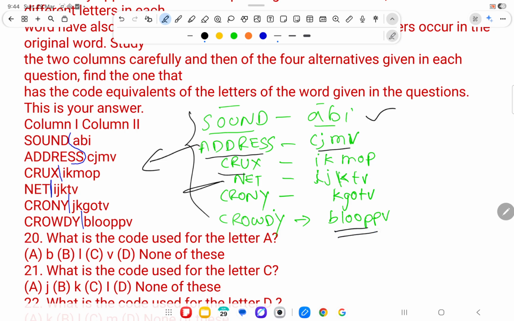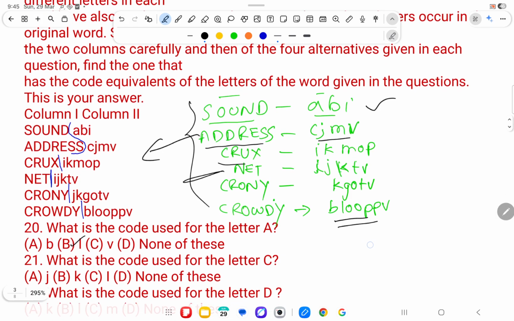BLOOPPV. So check the letter in the code BLOOPPV. It should be only in BLOOPPV. It should not be repeated in any other place. So what is that? VL. L is not repeated anywhere. So our answer must be L.